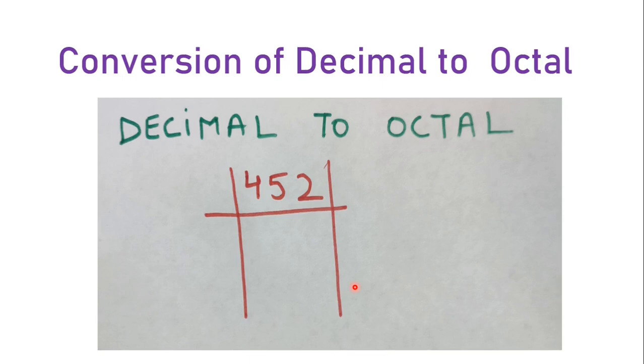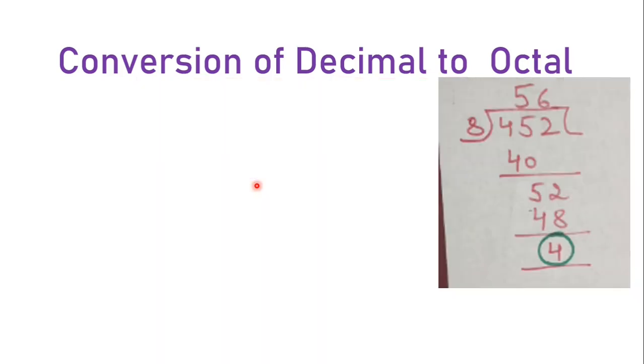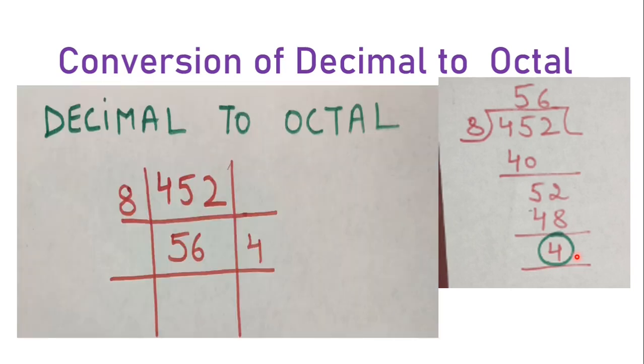The next topic is conversion of decimal to octal. If we have a number 452 and we need to convert this number into octal, as this is octal, we need to divide this by 8. When we divide 452 by 8, 8 56s are 448 and then we get the remainder 4. So we'll write the remainder 4 here, and we'll write 56 here.